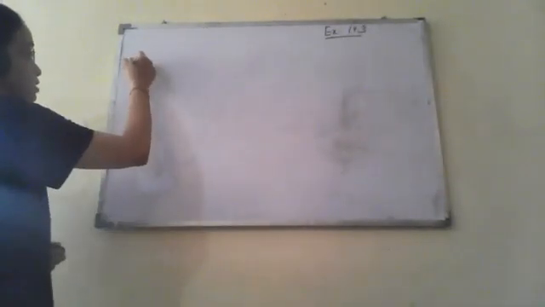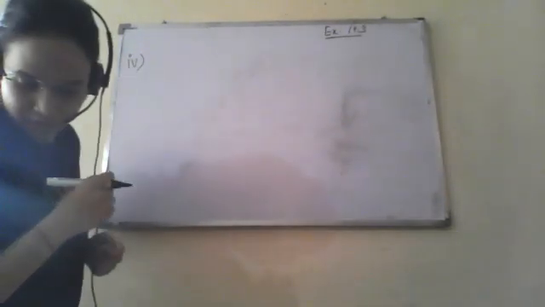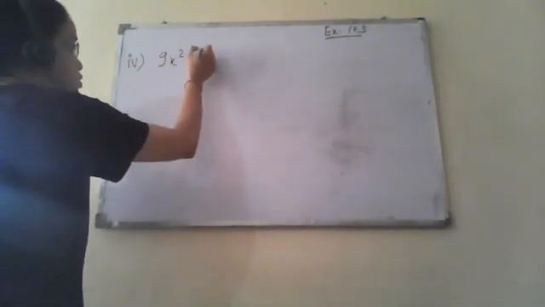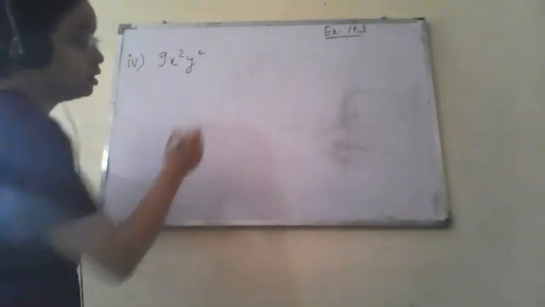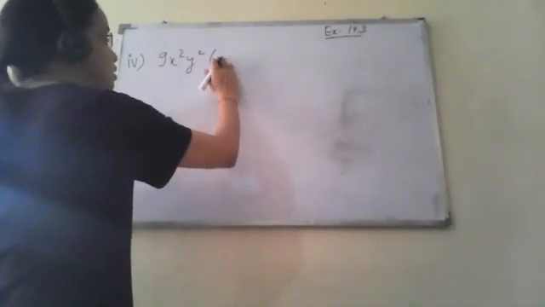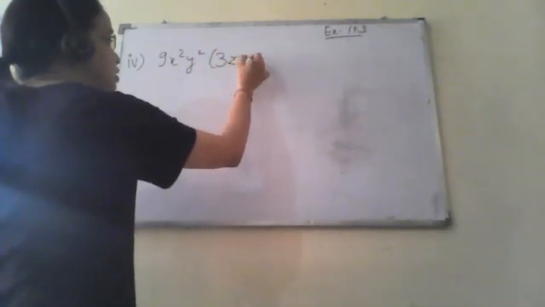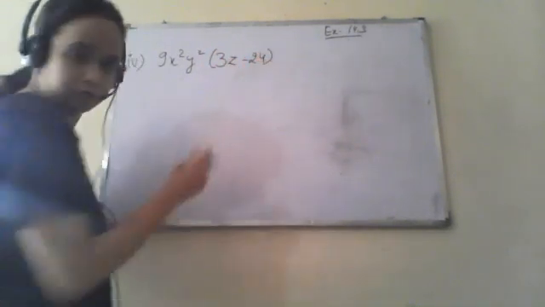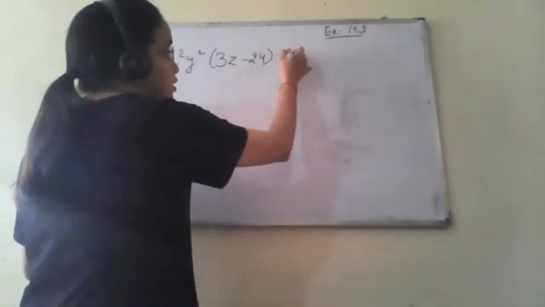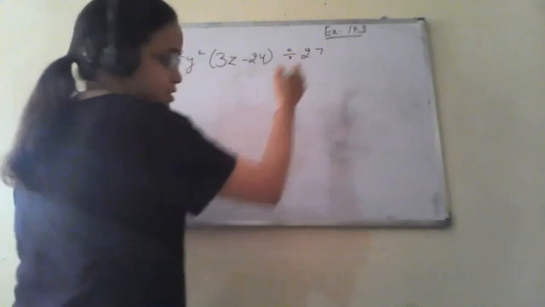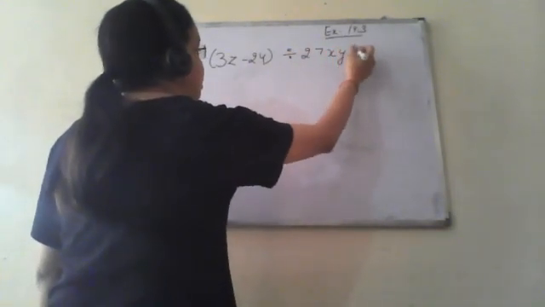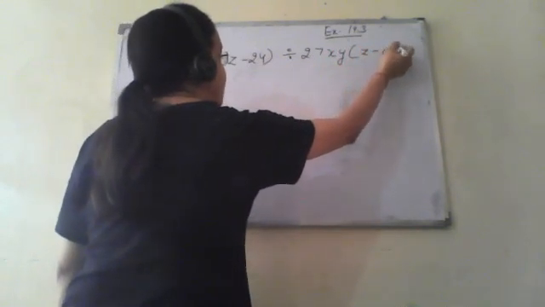The fourth part is 9 x square y square into 3z minus 24, divided by 27 xy into z minus 8.